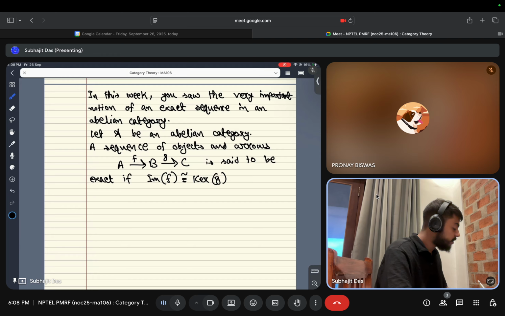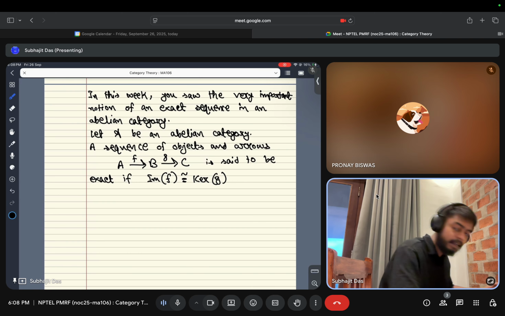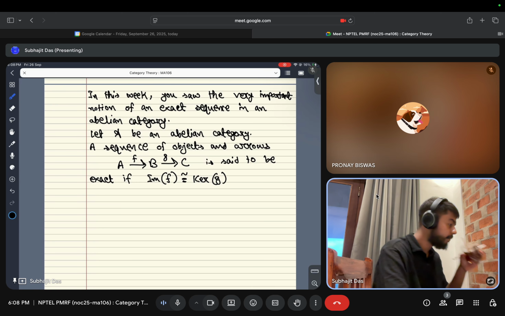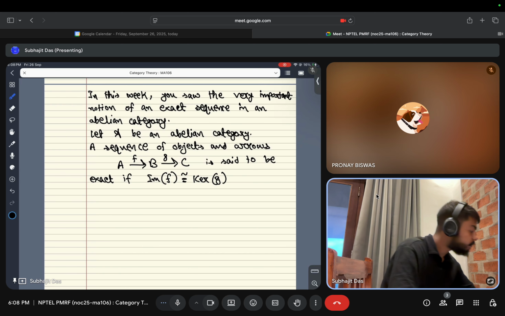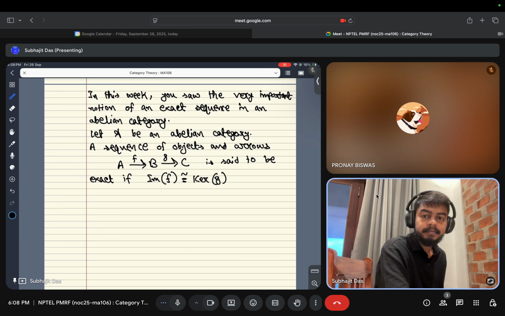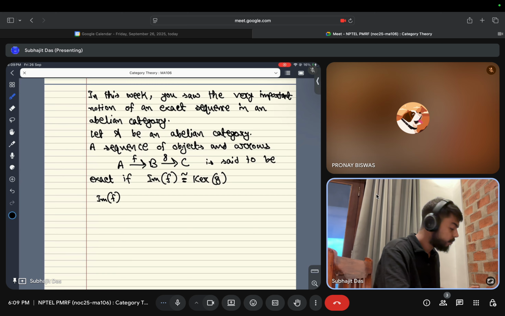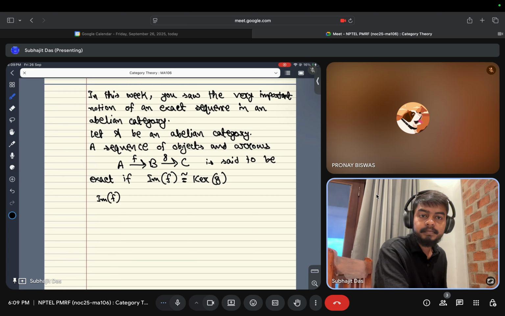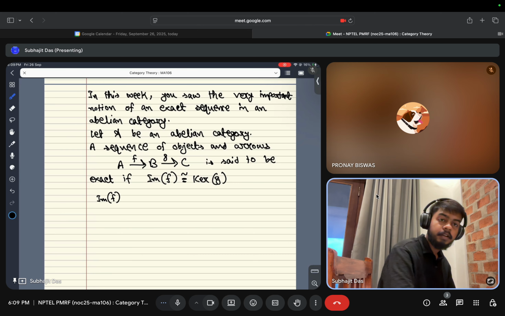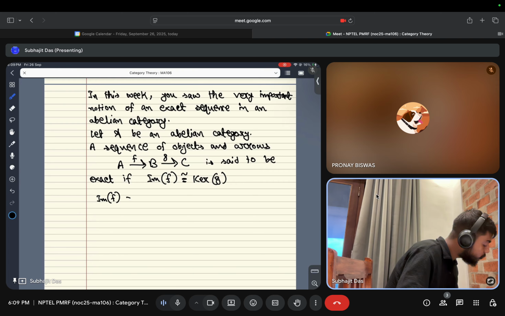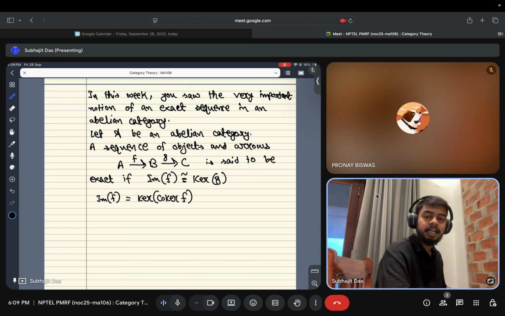If the image of f is the same as the kernel of g, what was the definition of the image of a map f in an abelian category? The image of f is equal to the kernel of the cokernel of f, and we know what the kernel of g means.